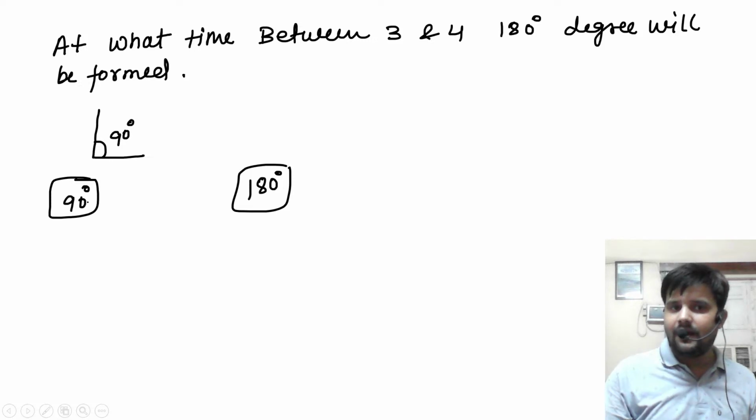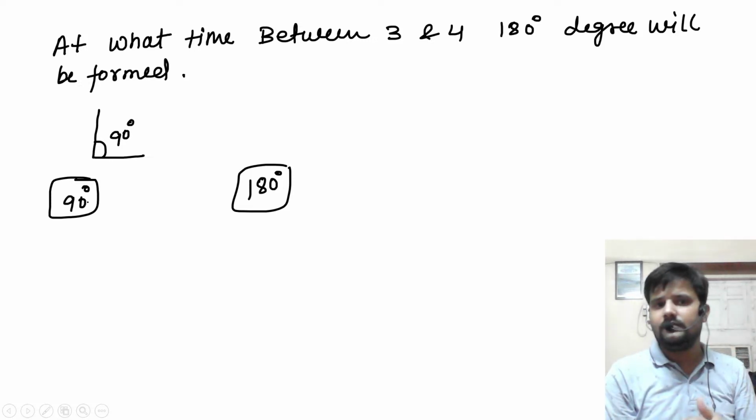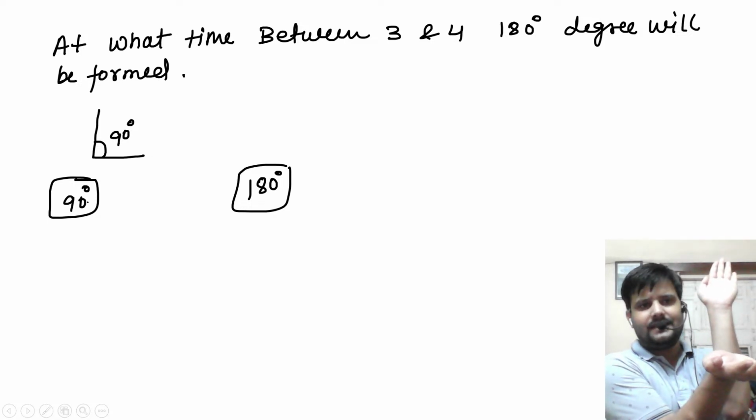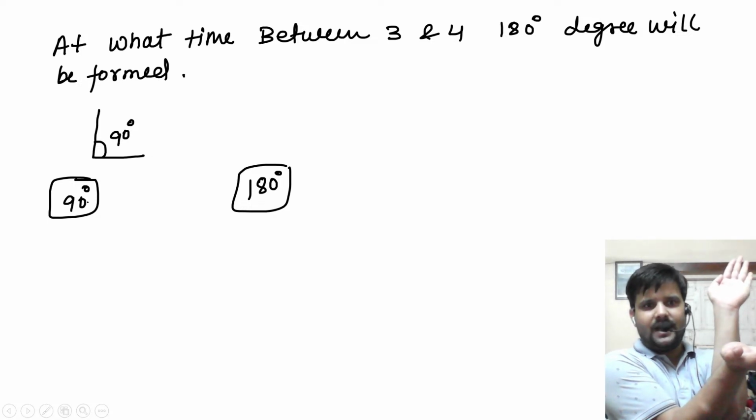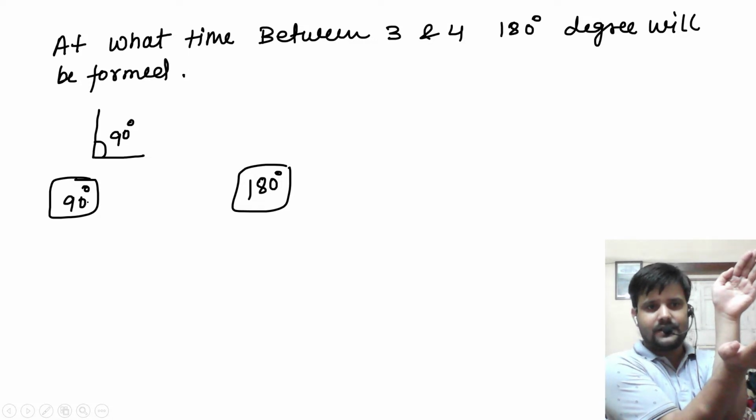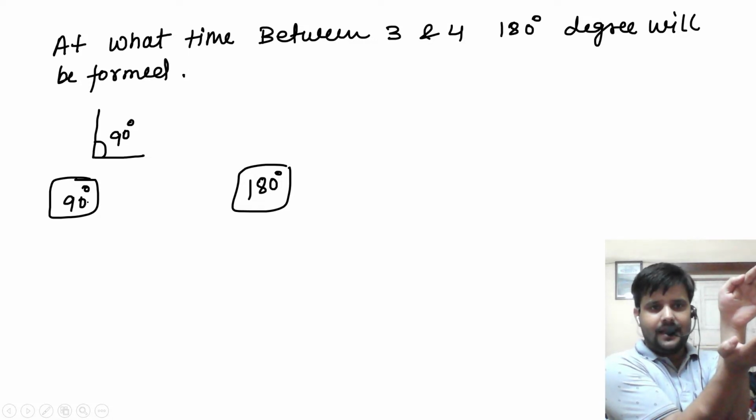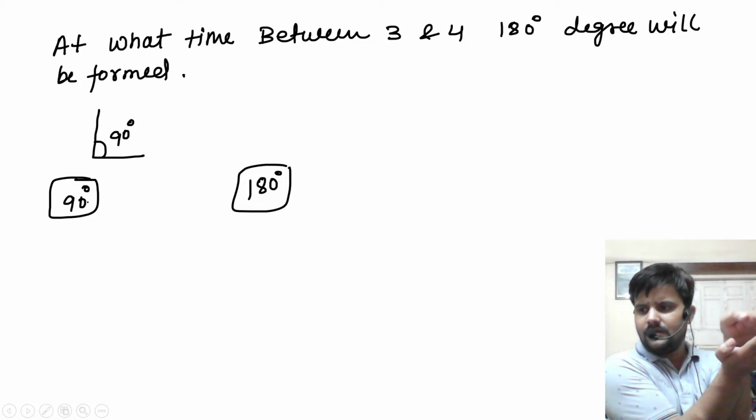So this angle cannot be formed before the hands reach 0. At 3 the angle is like this, and the minute hand is faster, so the angle will start reducing from 90. How can 180 be formed before it becomes 0?